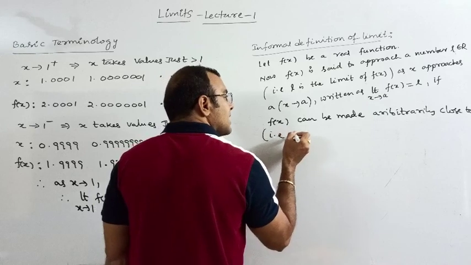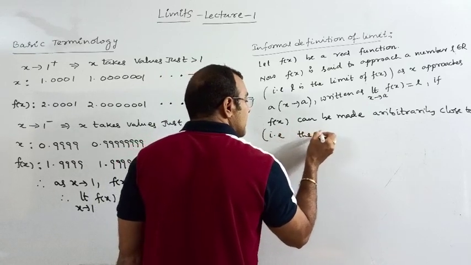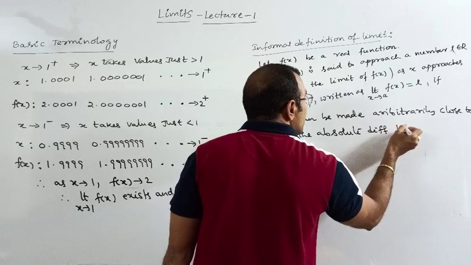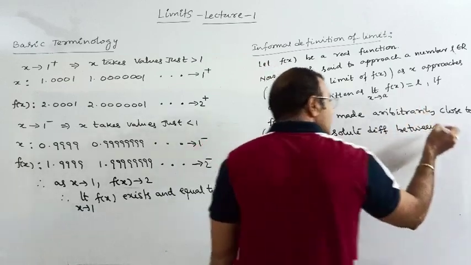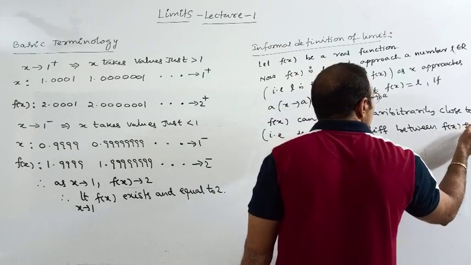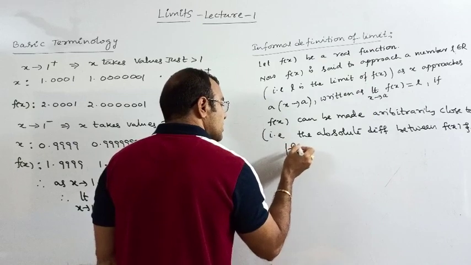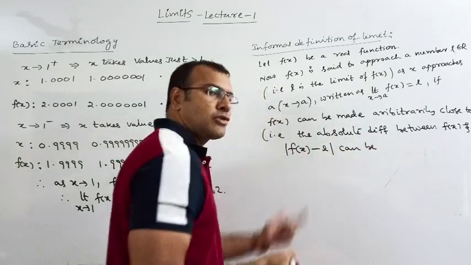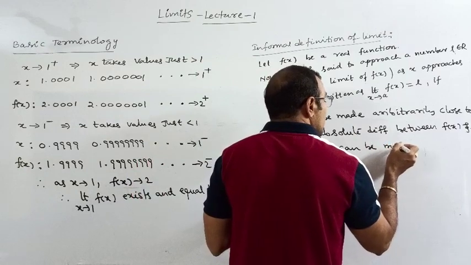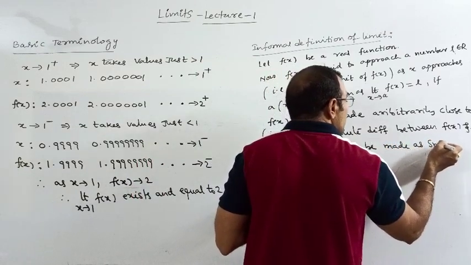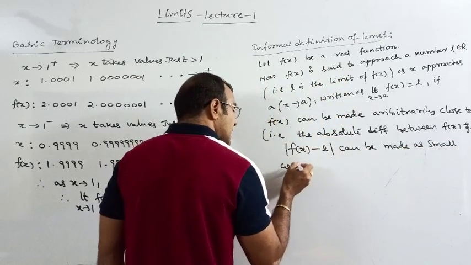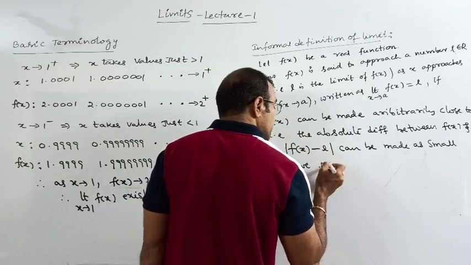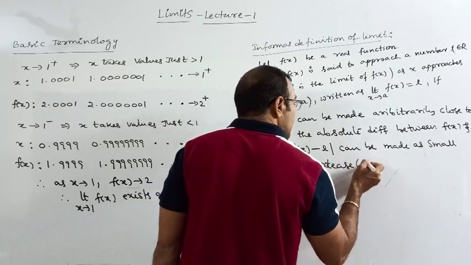That is, the absolute difference between f of x and L, that is modulus of f of x minus L, can be made as small as we please, or we require.